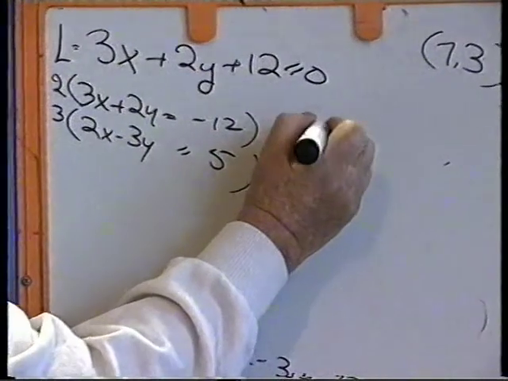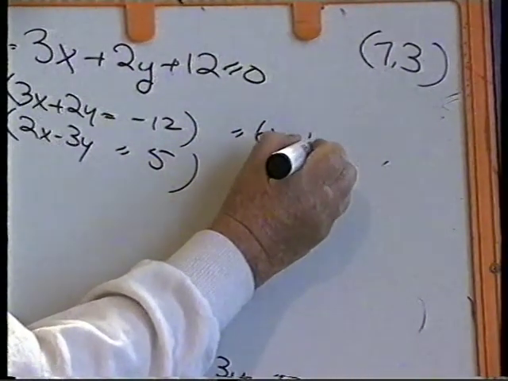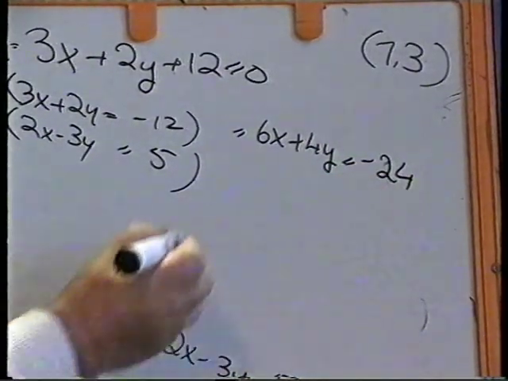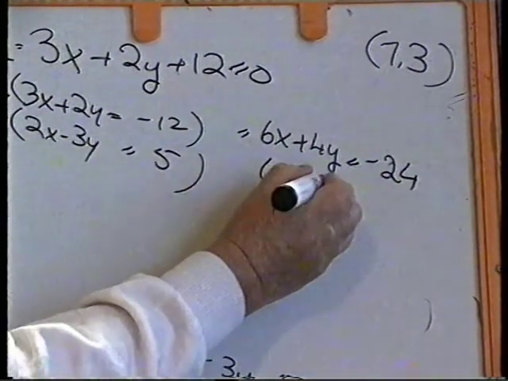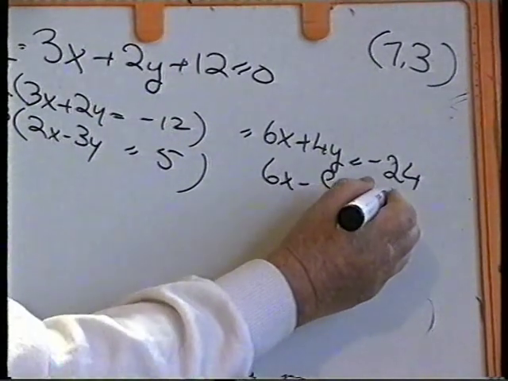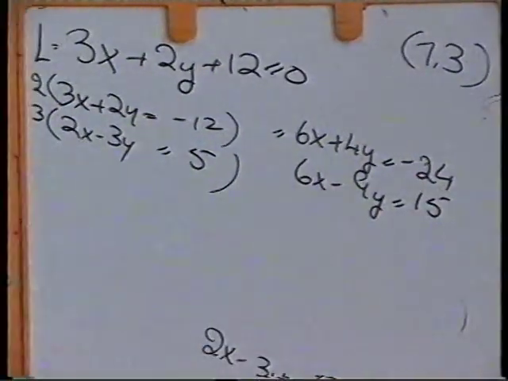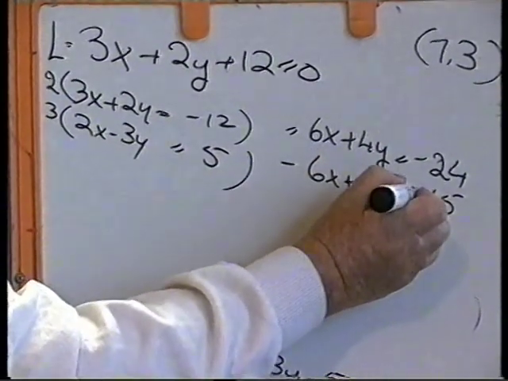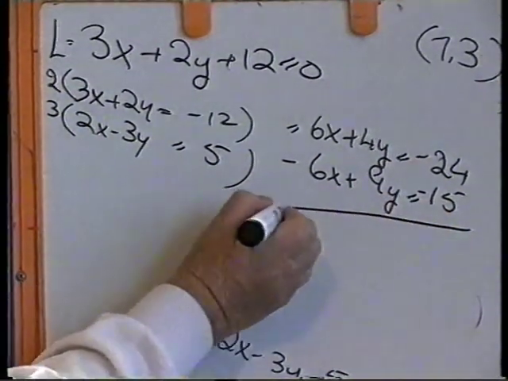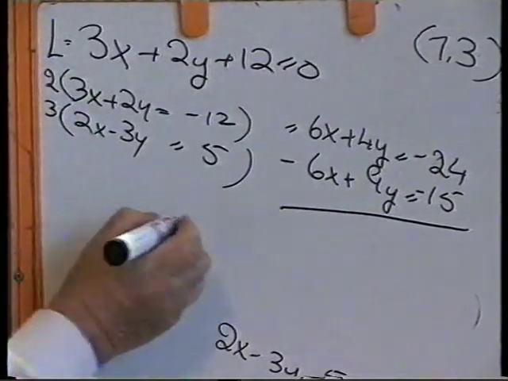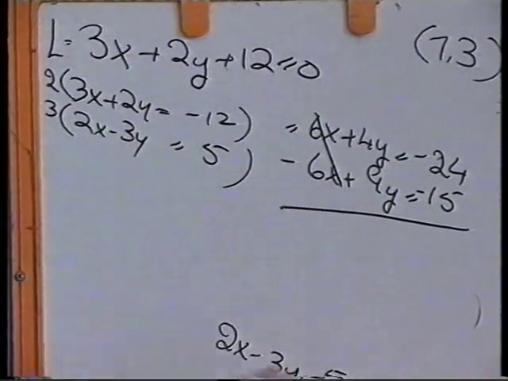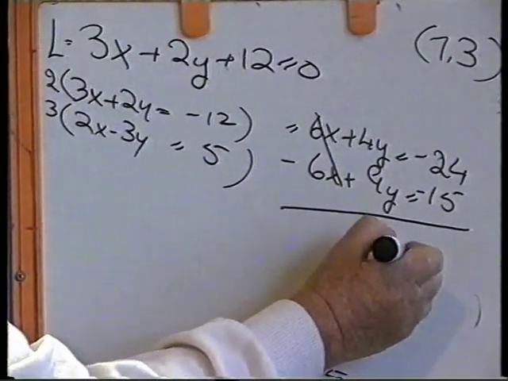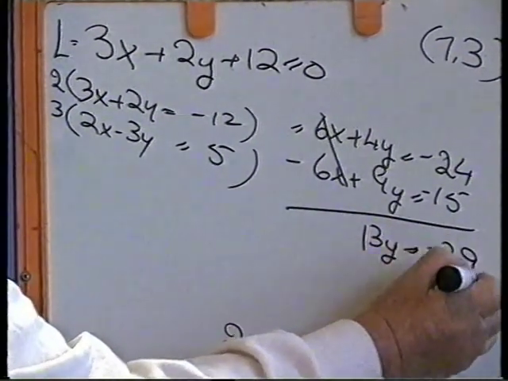Then I'll have 6x plus 4y equals minus 24, and 6x minus 9y equals 15. But I want a minus 6x. I'm going to change all these signs. In other words, I multiply that by minus 3. I've got 0. Here I'm going to get 13y equals minus 39.